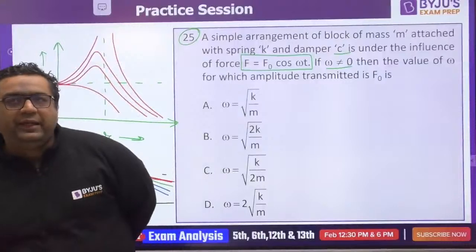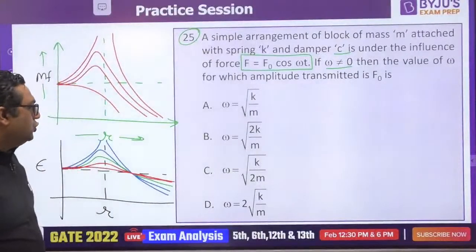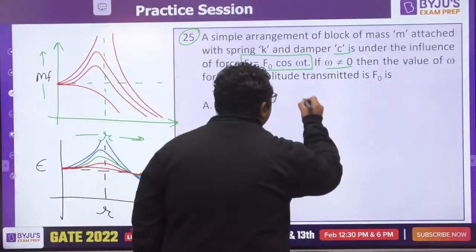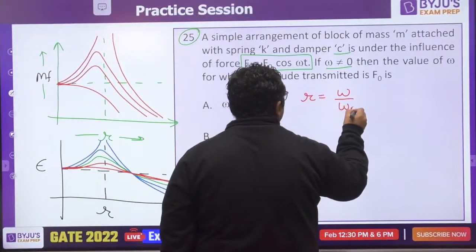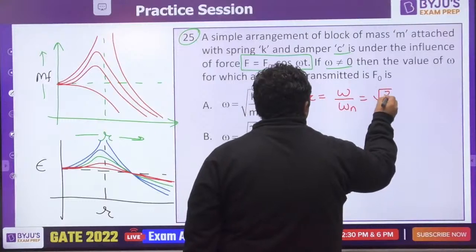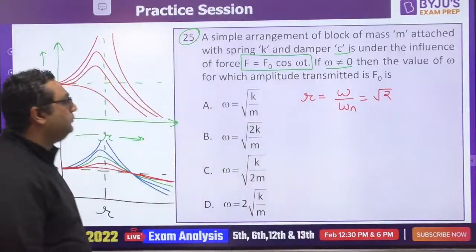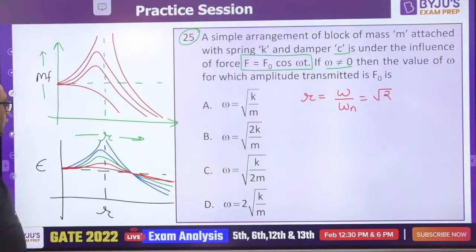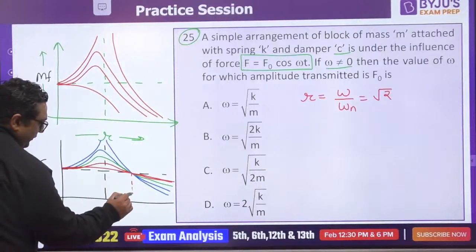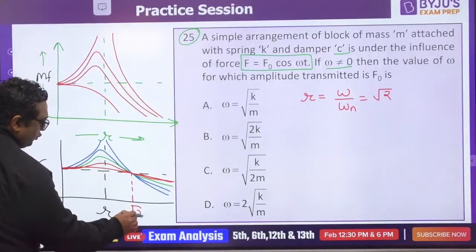A or B. So you know for this case, R would be omega by omega n. This is root 2. So you know that they are becoming equal at R equals root 2.